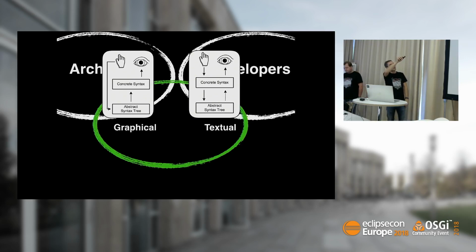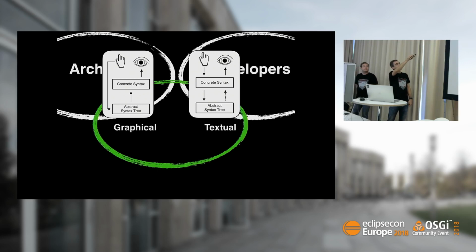So when we think about graphical editing, we often have clicky gestures or editing gestures that work on some abstract syntax. So it's oftentimes not the concrete syntax that you modify. You don't take a pen and draw it like in MS Paint, but you create a class or a method, and that one would be represented in the concrete syntax afterwards.